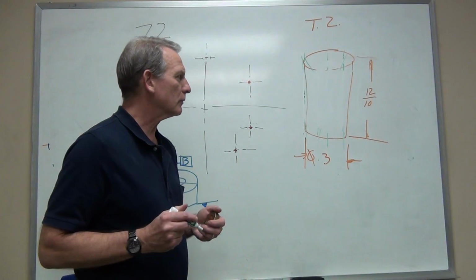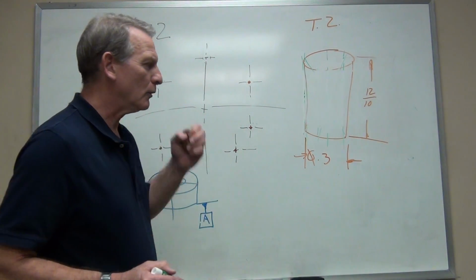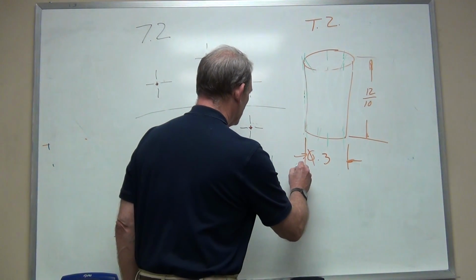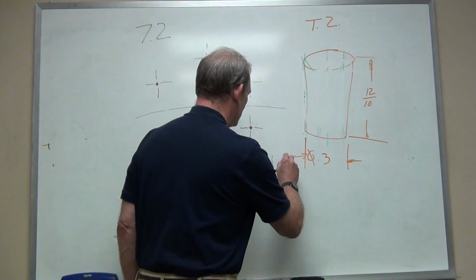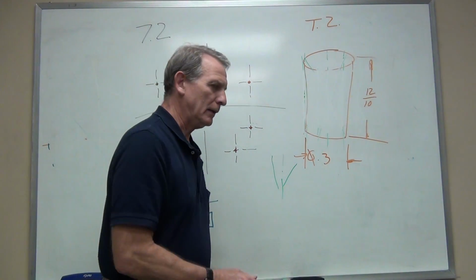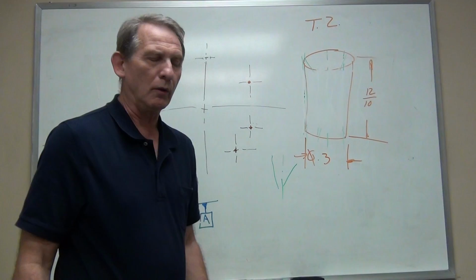But there's no cylindricity control, so that hole could actually be tapered in that fashion. It could be a conical hole.